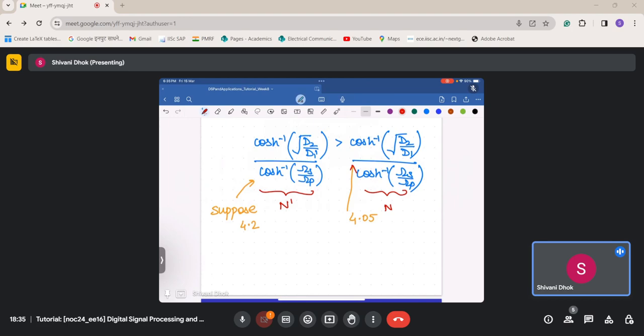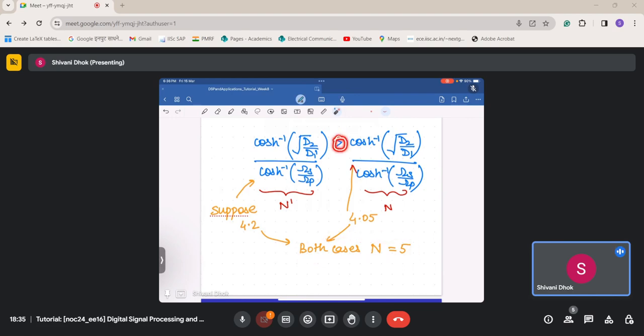In both of these cases, n should take a value of 5, which means that even if this is strictly greater than this quantity, if the integer parts of these two numbers are the same, then I'll have the same order in both the cases.